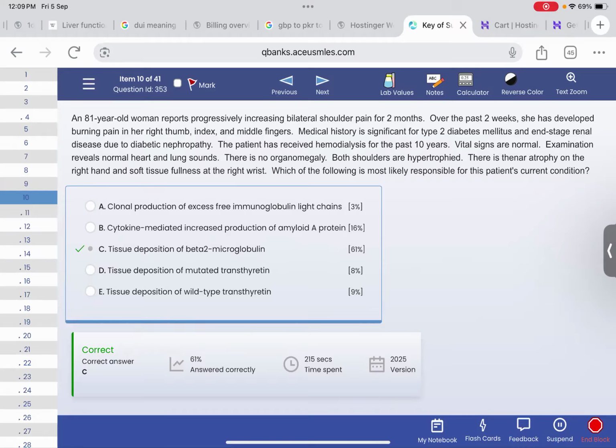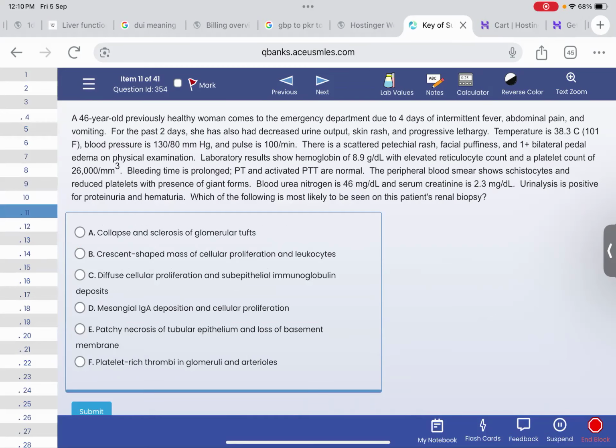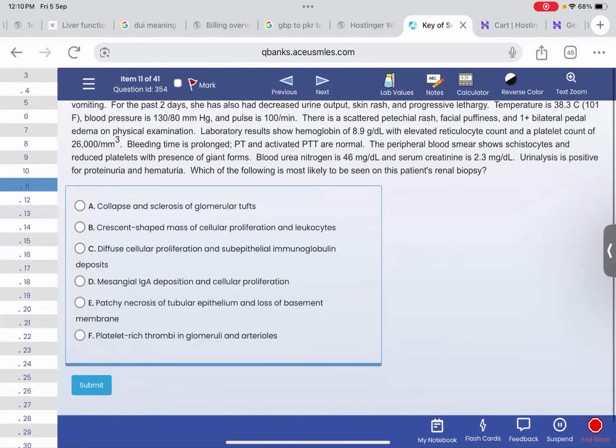The other thing they have mentioned is that because of type 2 diabetes and diabetic nephropathy, he is in end stage renal disease and on hemodialysis, right? So the disease is leading to hemodialysis and end stage renal disease, which is causing amyloid protein deposition. Okay, thank you, sir. No problem.